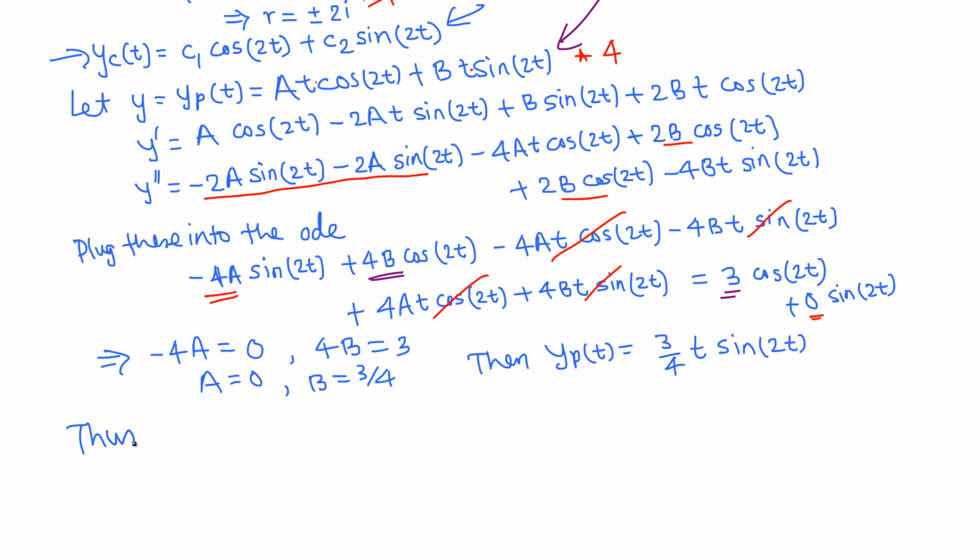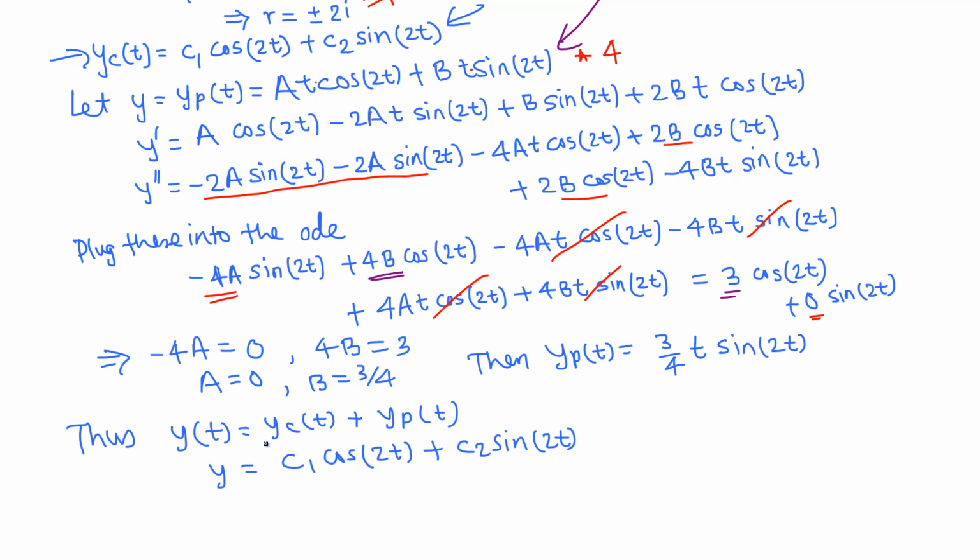Thus y equals yc plus yp, that is y equals C1 cosine 2t plus C2 sine 2t, the complementary part, plus yp found here, 3/4 t sine 2t.